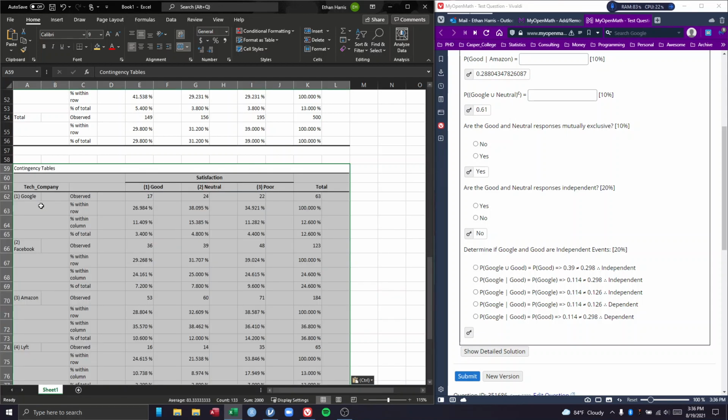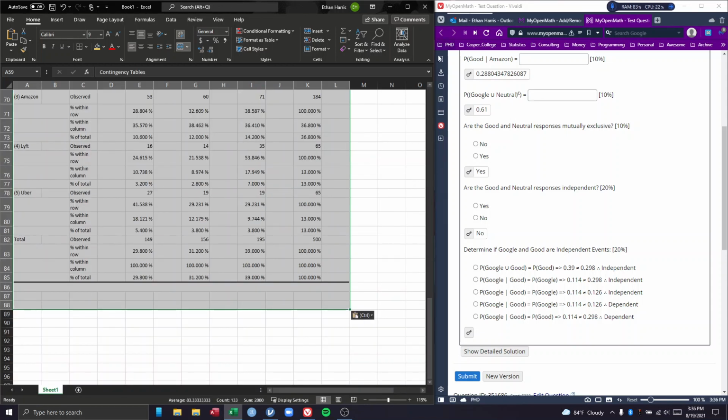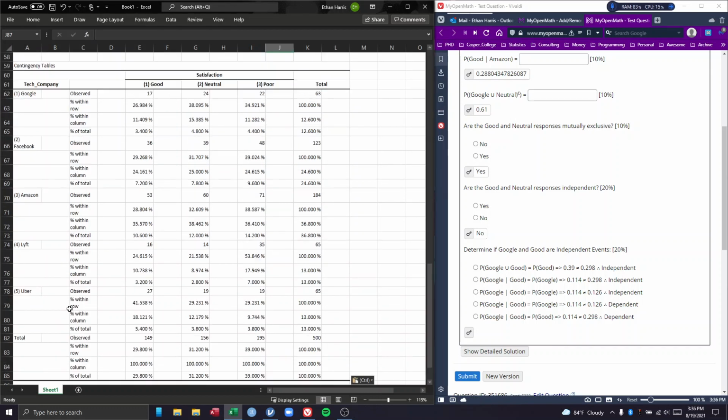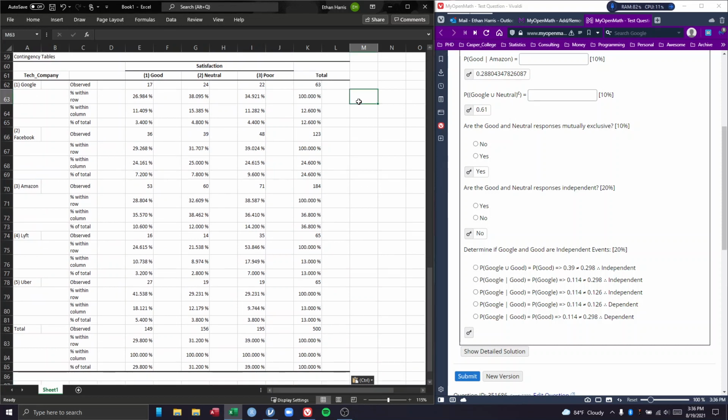Let's be really clear about what we need. The probability statement that we really want to know is: are good and Google independent events?